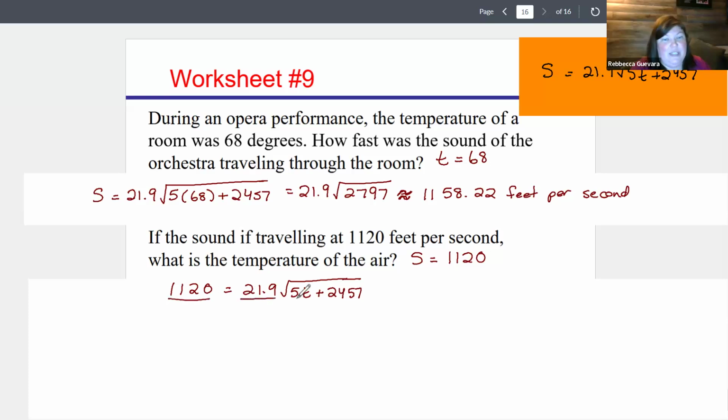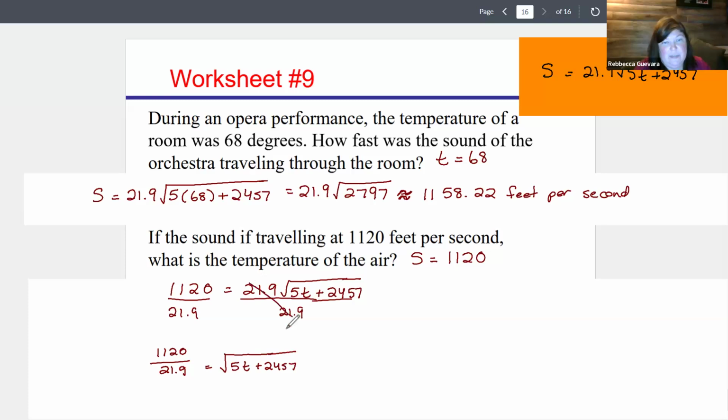So I'm going to divide both sides by 21.9. 1120 divided by 21.9, I think we'll have to leave that as is because it's not going to get any nicer. We'll leave it as that fraction because otherwise we get a big messy decimal.